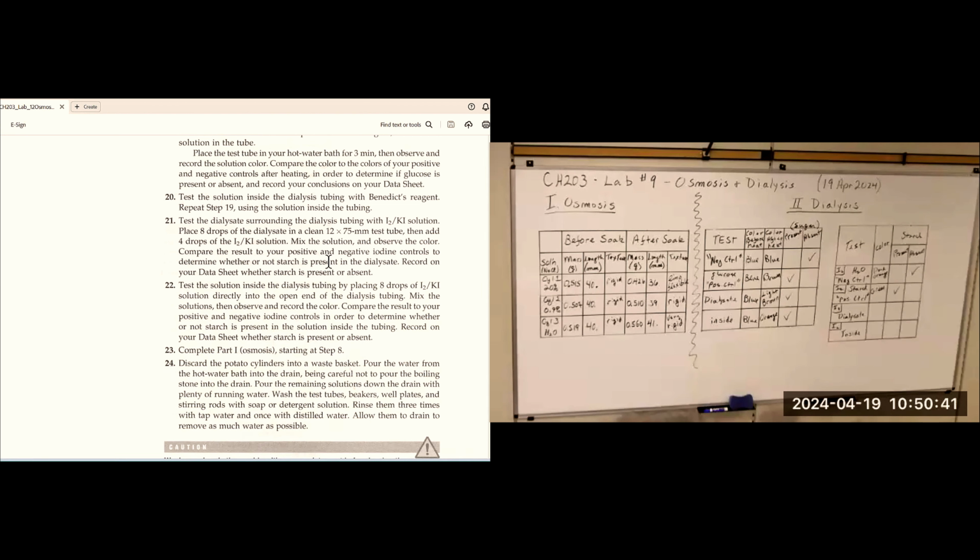Oh, so this one goes in. This one is the dialysis.